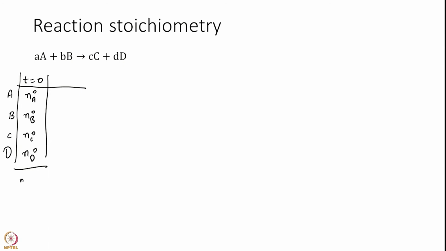So, these are the number of moles corresponding to A, B, C, D at some initial time. I measure the moles at some later time t and I get Na, Nb, Nc and Nd. Can you tell me a relation between these Na and Na naught and Nb and Nb naught with the stoichiometry a and b? Can you write an equation?